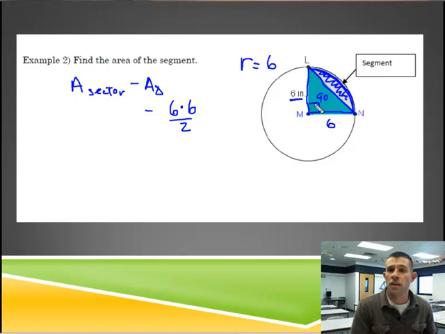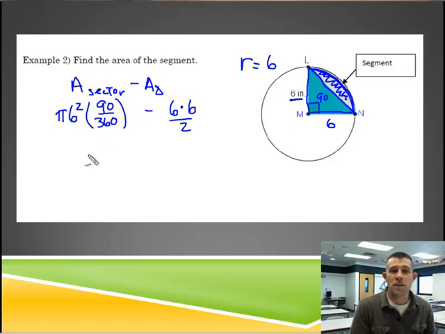Now let's talk about finding the area of this whole sector. That's everything in between the two radii and the arc. Remember, that starts off by finding the area of the circle, pi r squared, and multiplying it by the percent of the circle that the sector makes up, which in this case is found by taking the central angle, 90 degrees, and dividing it by 360.